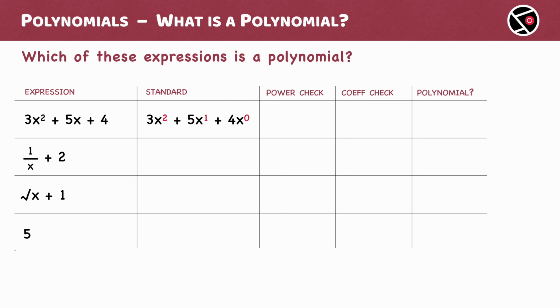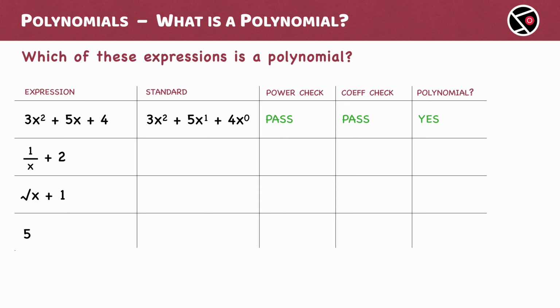The powers are whole numbers for each term. Rule 1 is satisfied. Now, for Rule 2, we will check the coefficients. We have 3, 5 and 4, all real numbers. Rule number 2 is also satisfied. The expression satisfies both the rules. So yes, it is a polynomial.